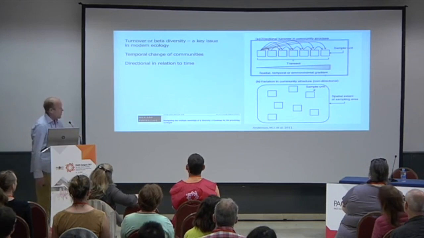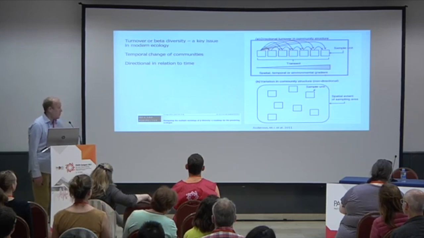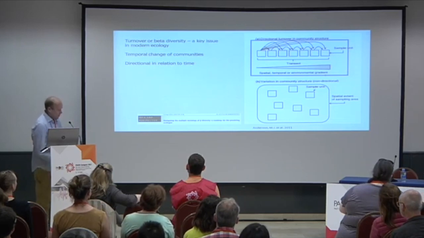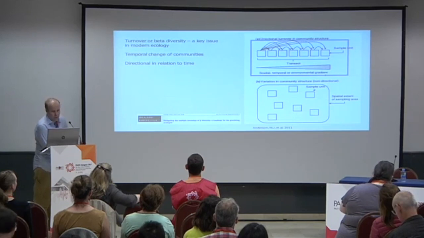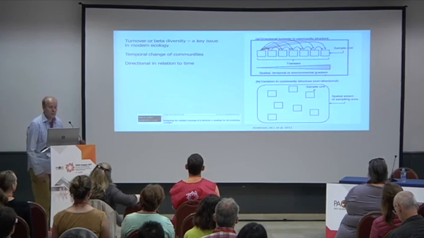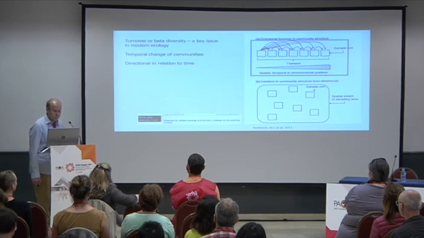Here, in this study published by Anderson and Dahl, which is a review of beta diversity, we can see the idea of having a directional change in communities. So here it can be a spatial gradient, but it also can be a temporal gradient, with samples changing in time. In our case, the samples can be, for example, time bins, let's say 300-year bins or 500-year bins.